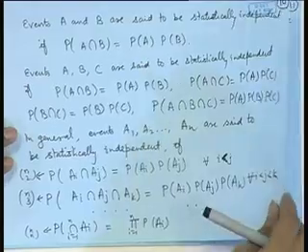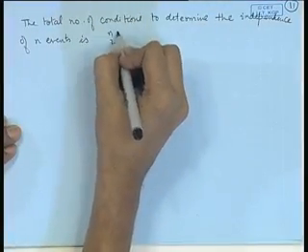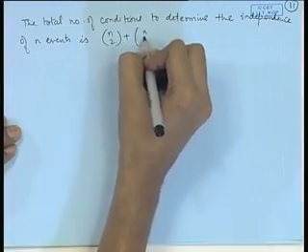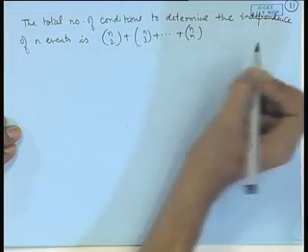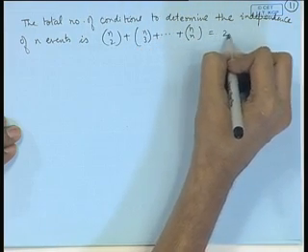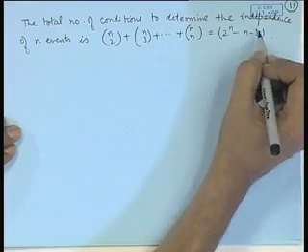So, the total number of conditions is eventually equal to nC2 plus nC3 plus up to nCn, which we can write as 2 to the power n minus n minus 1. So, a total number of 2 to the power n minus n minus 1 conditions are required to determine the statistical independence of n events.